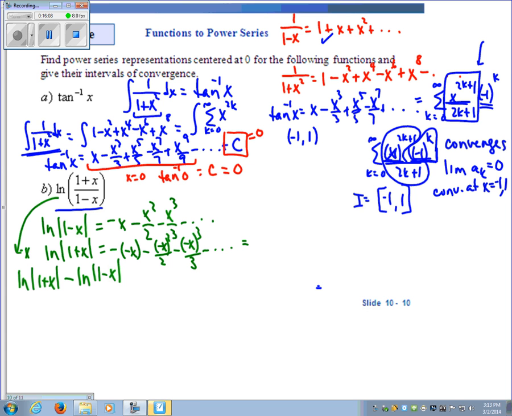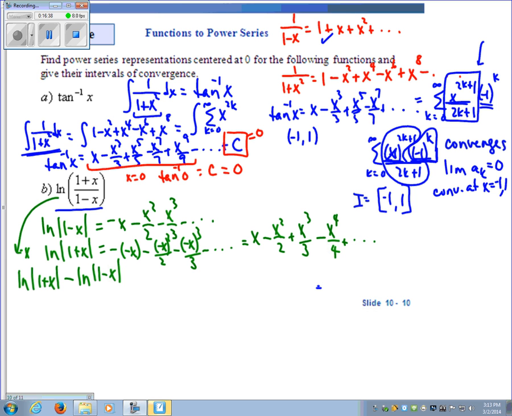which gives me a positive x. I'll have negative x squared, so it's still going to be negative x squared over 2. And then I have negative x cubed. We'll have a negative there and another negative, so it'll be a plus x to the third over 3. I'm still going to end up with that alternating sign each time, so then it's going to be a minus x to the fourth over 4, and so on.